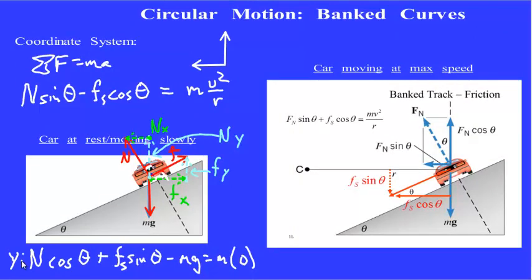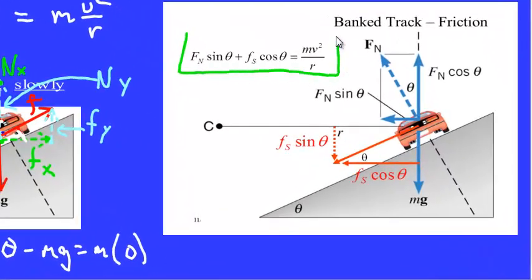Let's look at what it looks like when the car is moving at max speed, or close to max speed, very fast. Remember, friction has changed its direction now, and I got this image from another source, and you can see here that the F equals ma equation has already been written. You can see that the main difference, of course, is the change of sign. Right now, friction and normal force are working together to push the car toward the center of the track.